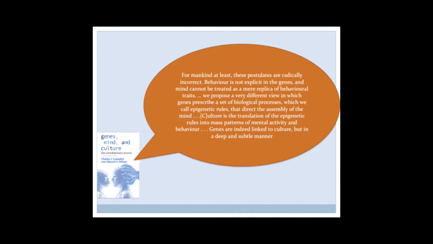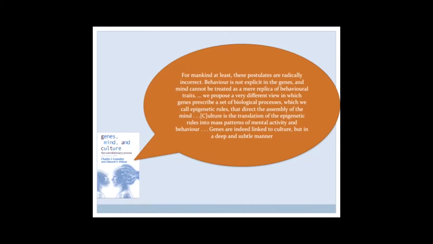So in fact, what sociobiology 2 was doing was basically building the mind in and saying that human culture, the way that we behave, the things that we create, how we associate with each other, the fact that we're all here sitting together in a lecture theatre, can all be explained by that translation from genes to mind to mass behaviour.